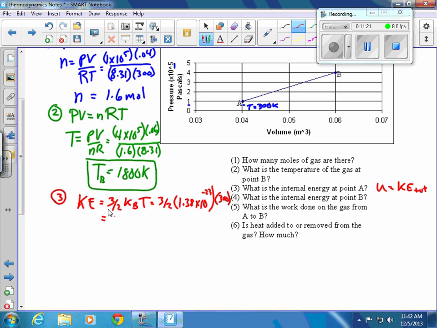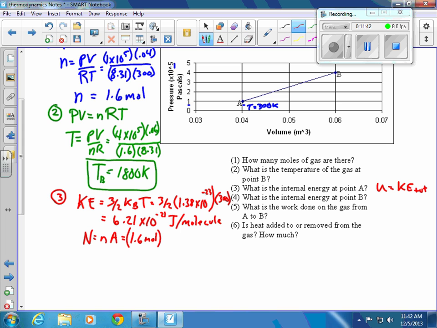6.21 times 10 to the minus 21. Remember, that's joules, but that's per molecule, for each molecule. Now, the number of molecules is equal to the number of moles times Avogadro's number. So I had 1.6 moles.